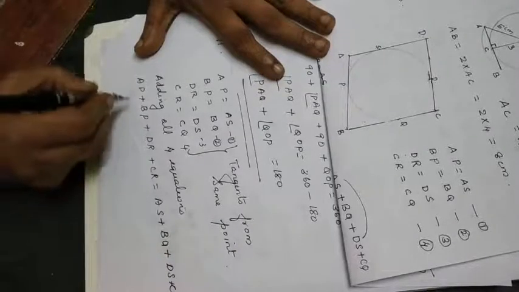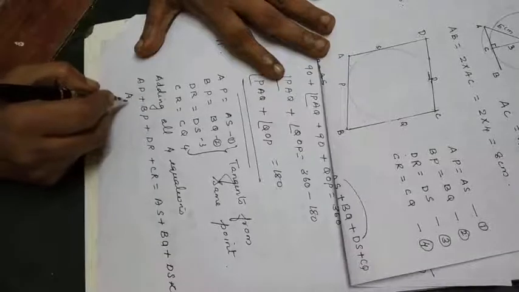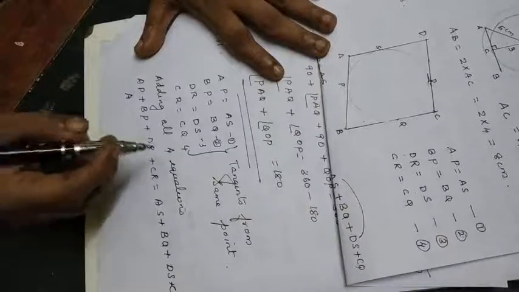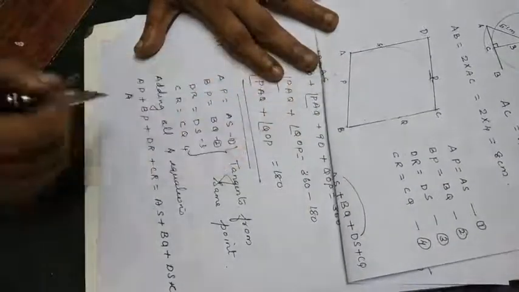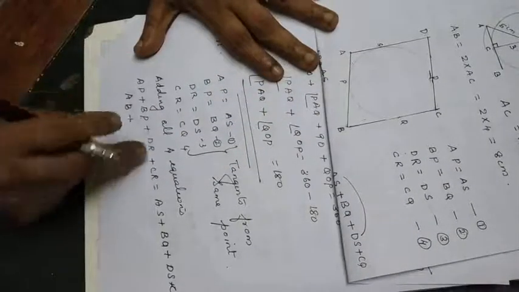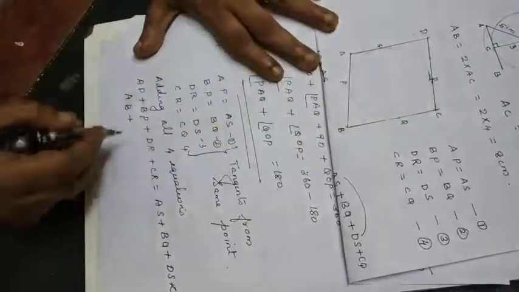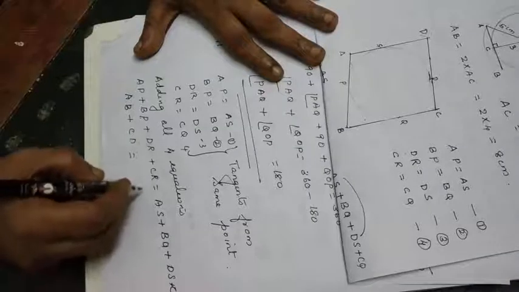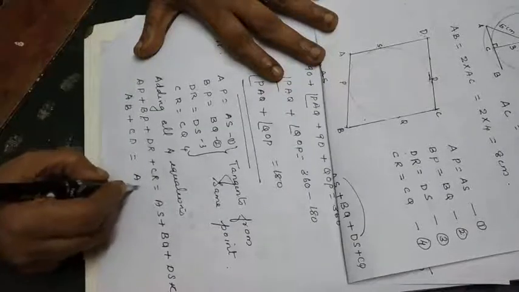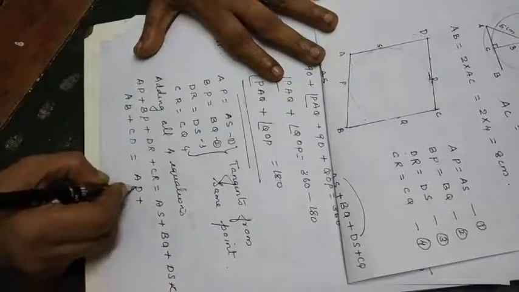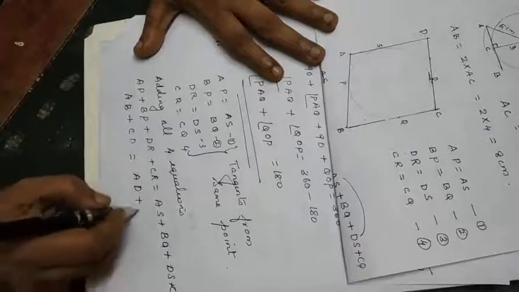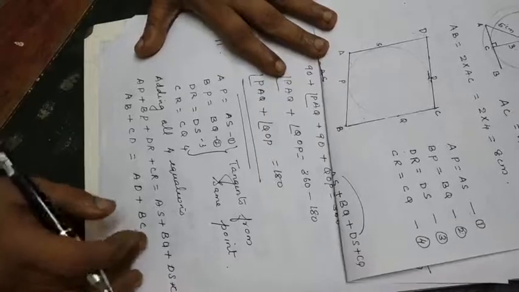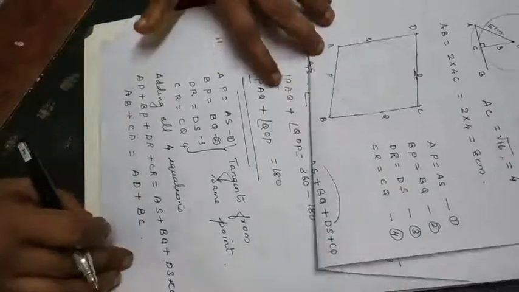That means AP plus BP means AB, DR plus CR means CD, that is equal to AD plus BC. Okay, this is what we got in the 8th problem. Okay, up to this one is the same.